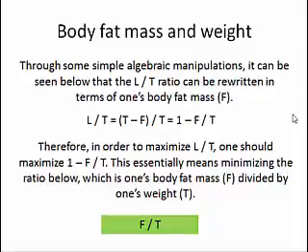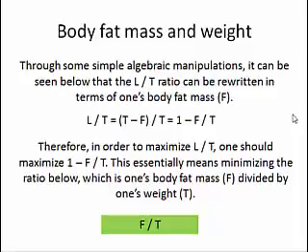Based on this expression, since we want to maximize L divided by T, one should maximize 1 minus F divided by T, which is essentially minimizing the ratio F divided by T.